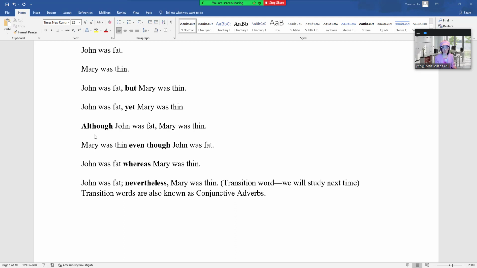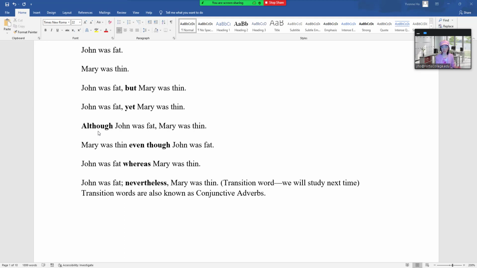And when you have a subordinating conjunction at the beginning of an independent clause, it becomes a subordinating dependent clause, which is an incomplete thought, which is a sentence fragment.